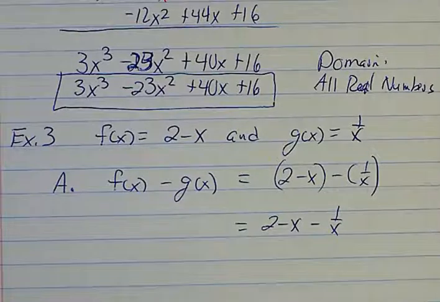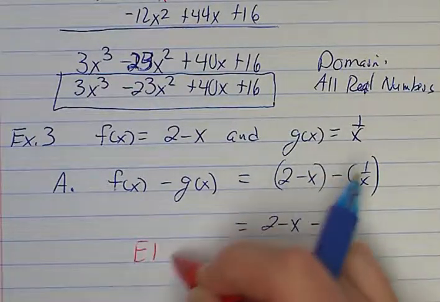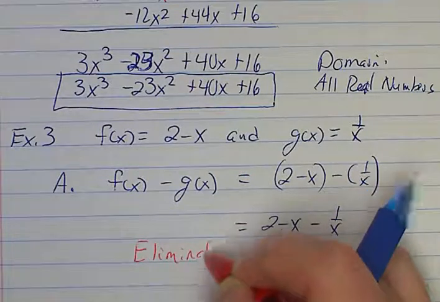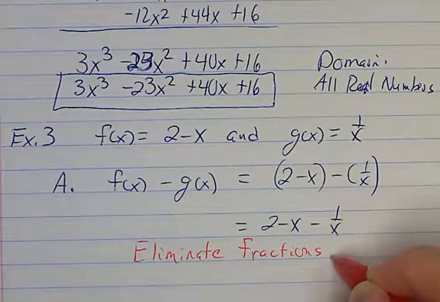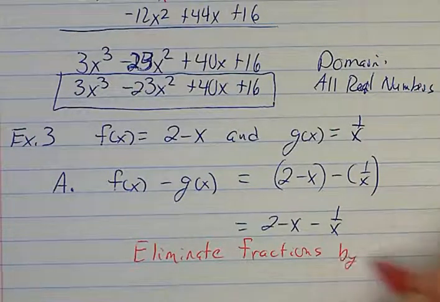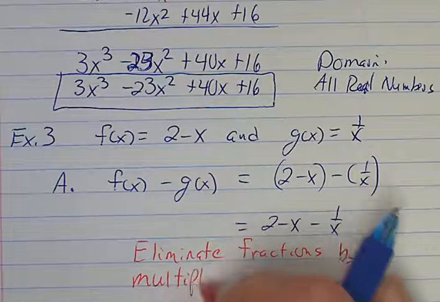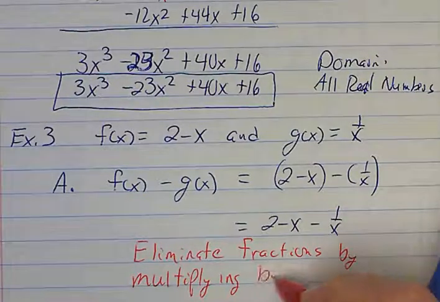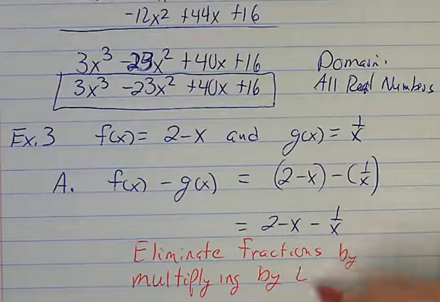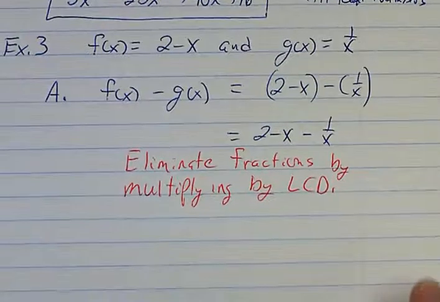Now, for these kind of answers, when you're adding and subtracting, they're going to ask you to eliminate the fractions. And to do that, we're going to do like we did in the last chapter, that we're going to multiply by your least common denominator, which in this case is going to be a little bit easier because the only thing in the denominator is x.